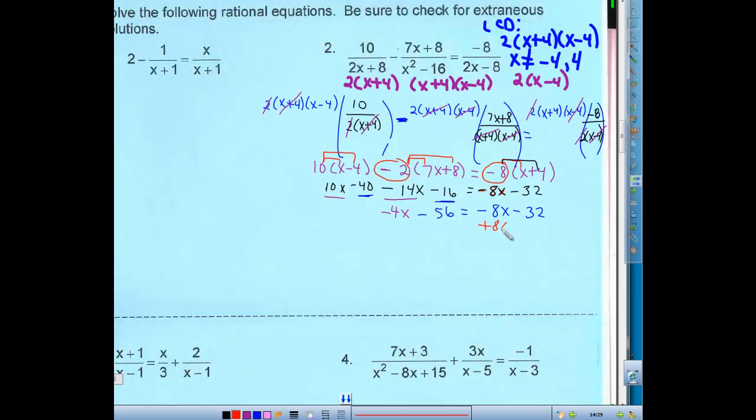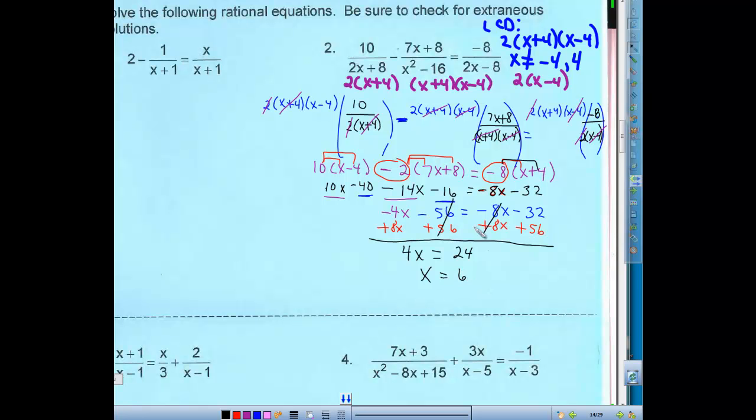We can add 8x to both sides and add 56 to both sides. On the left-hand side, we get 4x. The 56 is cancelled, and 56 minus 32 is 24. Dividing by 4, x is equal to 6.